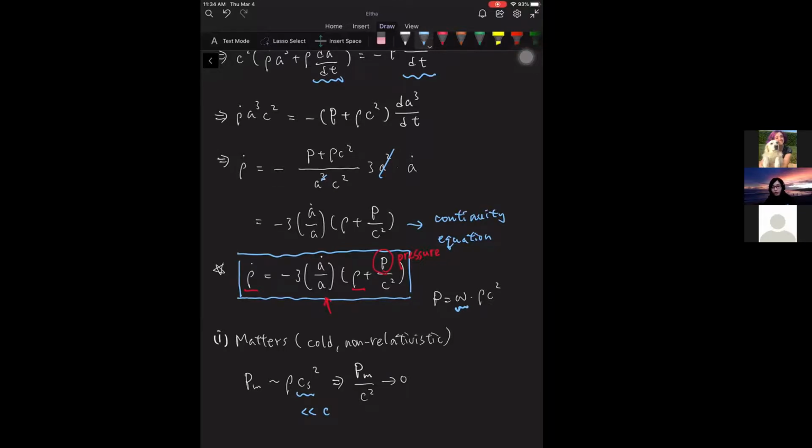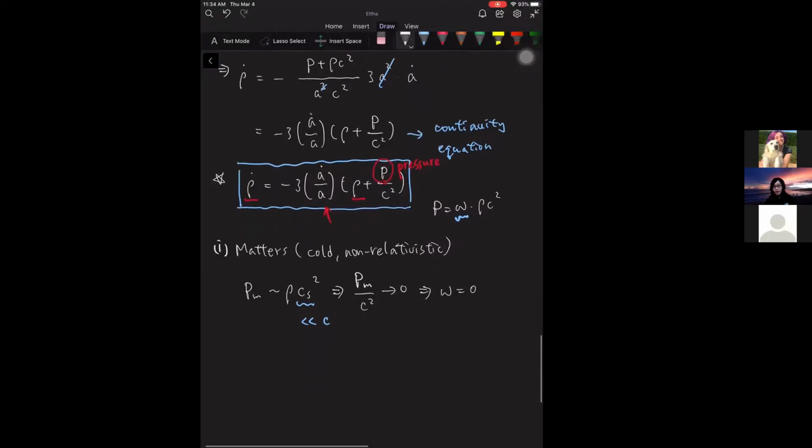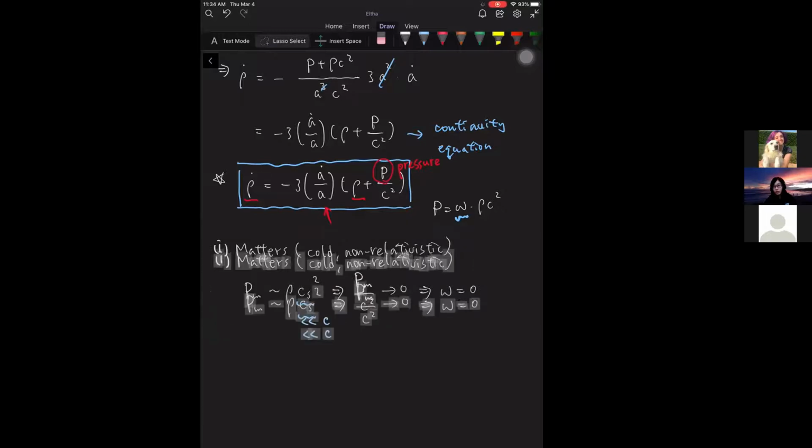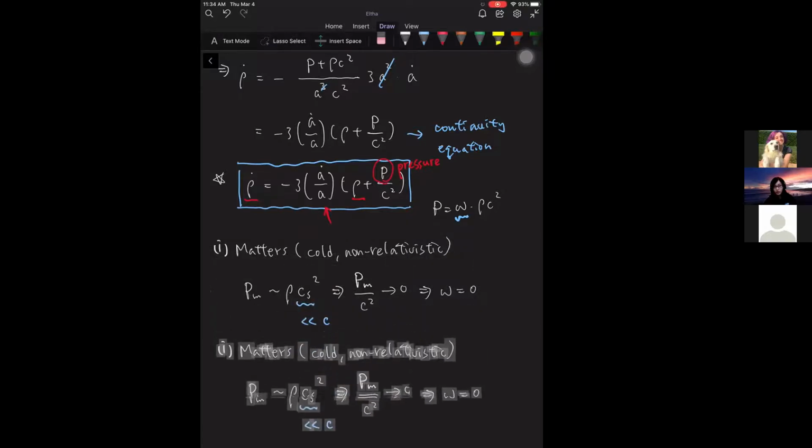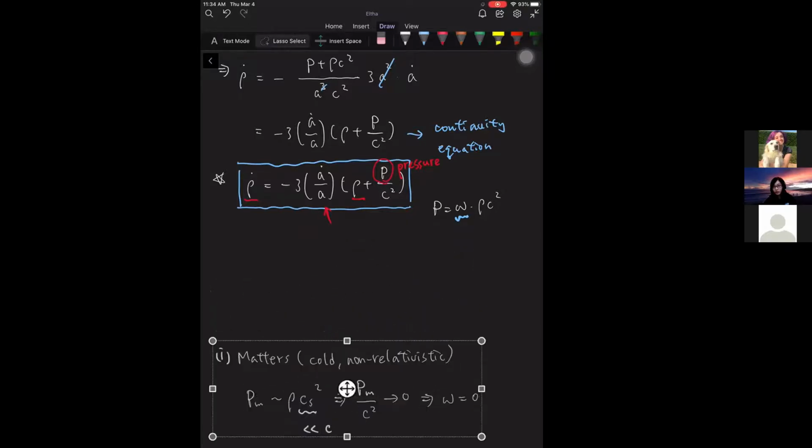By comparing with general matter, we can see that omega is simply 0, right? Okay, so I should probably talk about the general form first, and then go into each component.